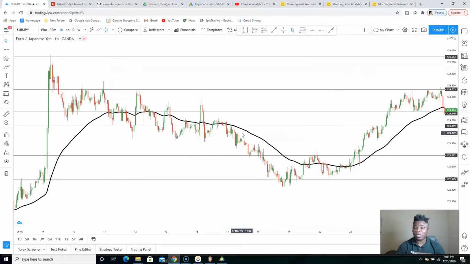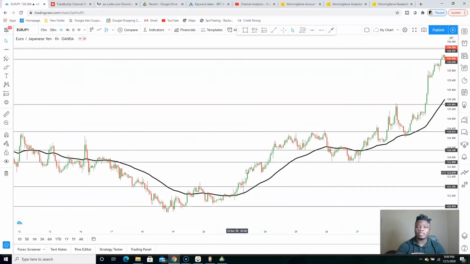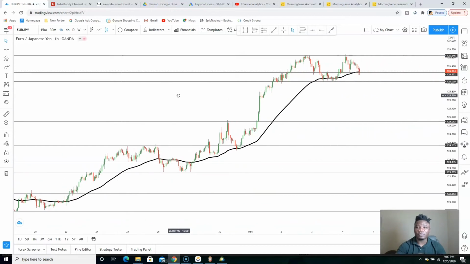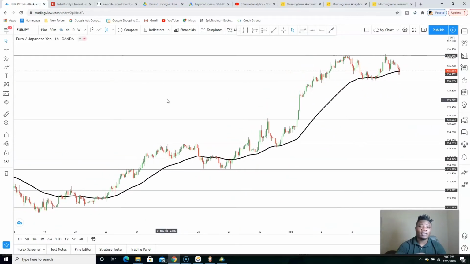We're not looking to buy. When it's below the 50 EMA, look for sell opportunities. So you sell short when price is below the 50 EMA, and you buy long when price is above the 50 EMA. Now that I've explained that, we're going to add another indicator.